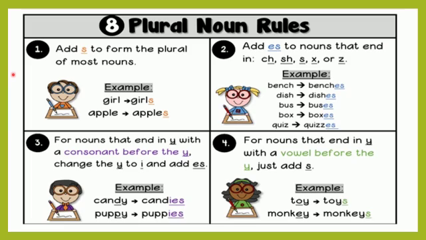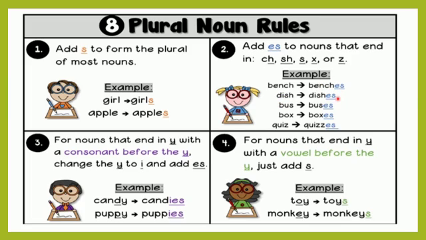Now rule number 2 is add es to the noun that ends in ch, sh, s, x or z. Let us see some examples here. Bench, benches. Dish, dishes. Bus, buses. Box, boxes. Quiz, quizzes. Benches: ch is there, so to make it plural, you have to use es. Dish, you have to use es to make it plural.